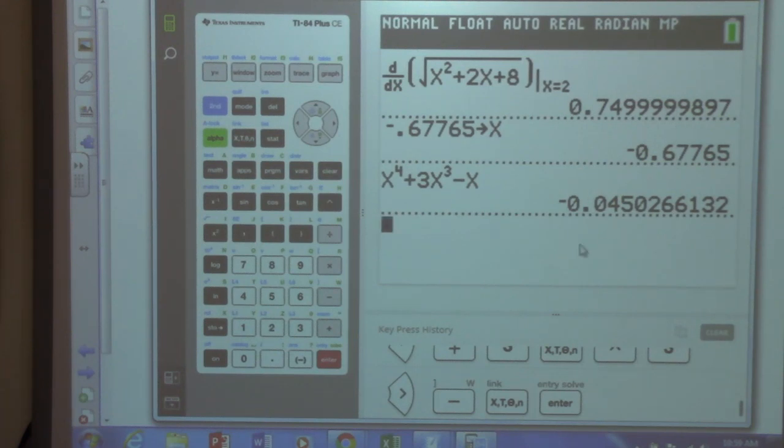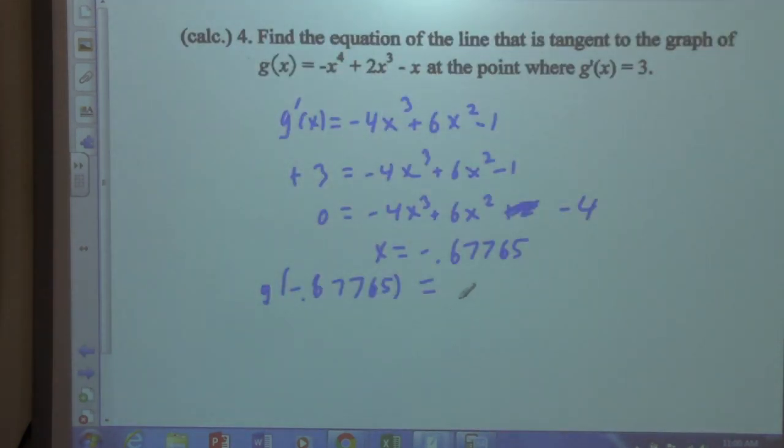Yep. So we have x and y, so y equals -0.0450, we'll call that. My tummy's growling. That's 3 decimal places. So we have our tangent line.